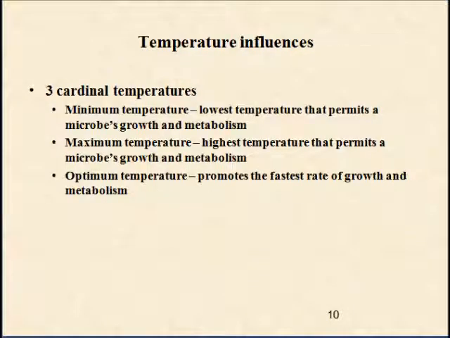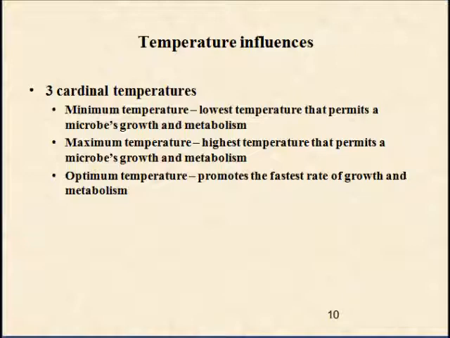There are temperature influences first. Most organisms have a minimum temperature at which they'll grow. It's not the best, but they can survive. There's a maximum temperature, which is the highest temperature that permits growth and metabolism.